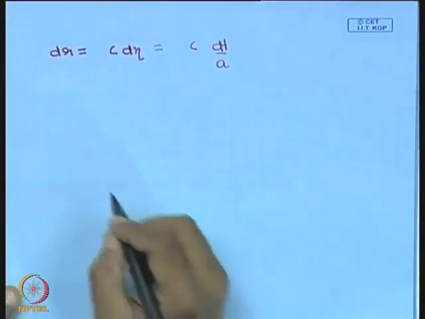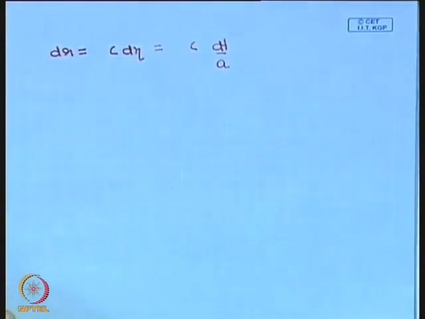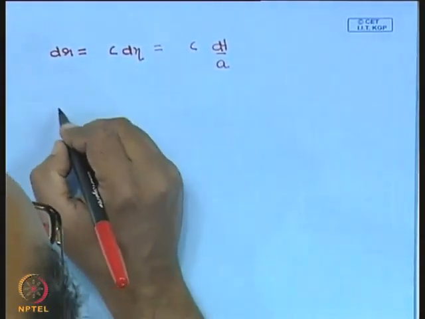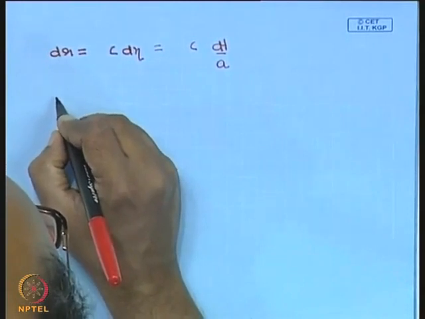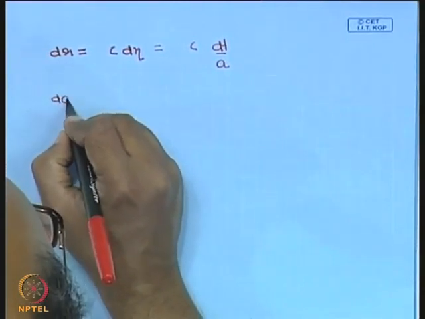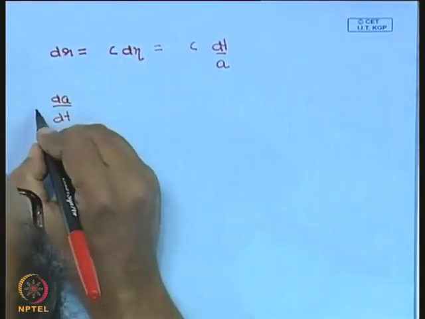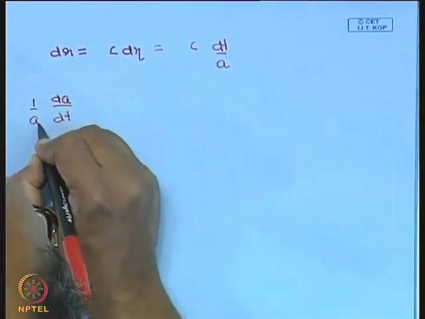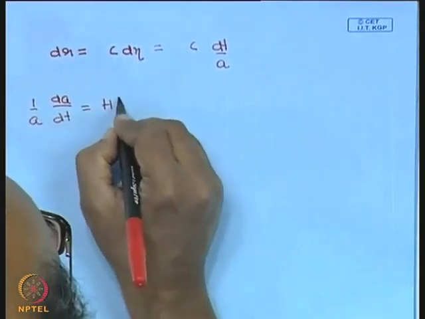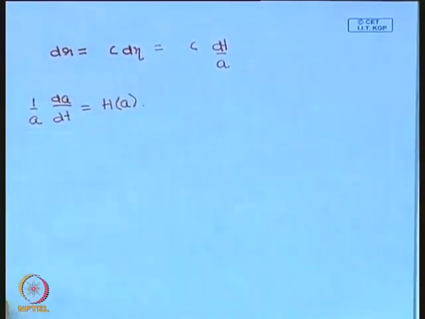Now let us look at the definition of the Hubble parameter. The Hubble parameter is defined as follows: da by dt, times 1 by a, is the Hubble parameter H at any epoch. That is how it is defined.